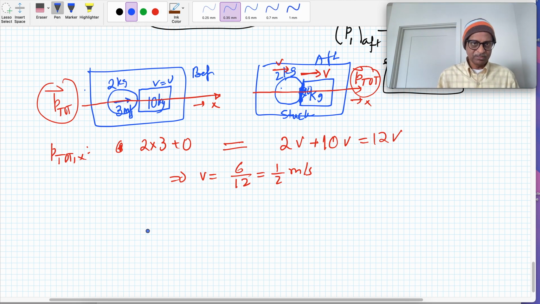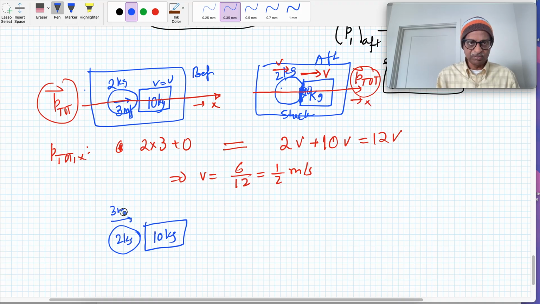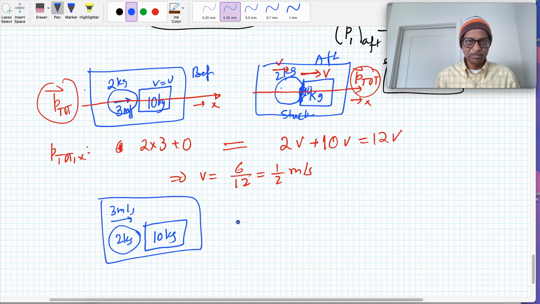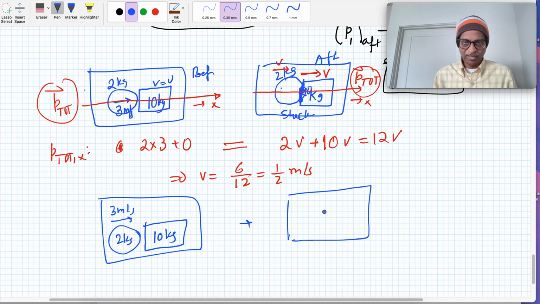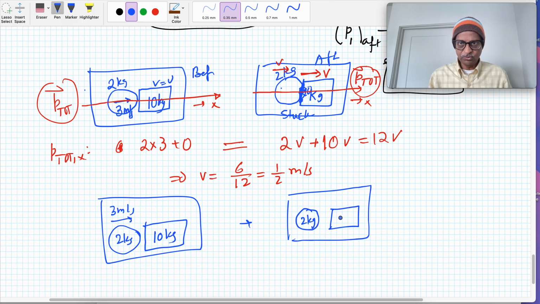Suppose we have the same initial situation: 10 kilogram and 2 kilogram, and this thing is going 3 meter per second. This is the same as before, but what happened is this guy starts to move at 1 meter per second.